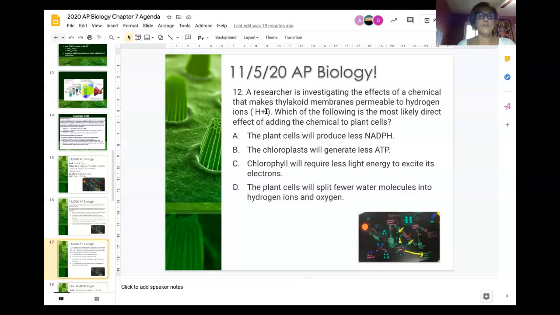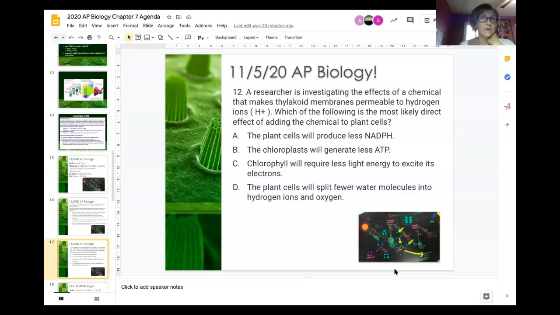So if it just became permeable to hydrogen, then you'd be losing hydrogen, right? So then you would lose your concentration gradient because diffusion would go to equilibrium. You'd lose your concentration gradient, and therefore you'd no longer be able to send hydrogen through ATP synthase in order to make ATP.